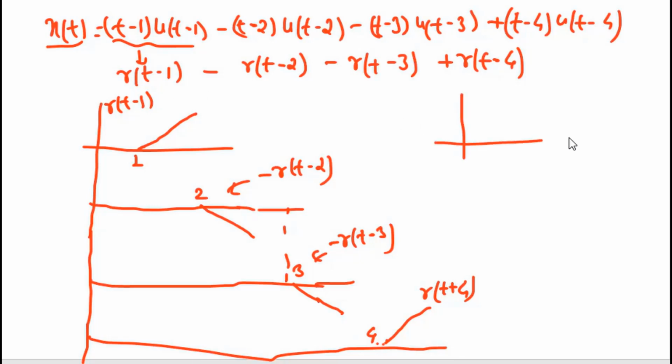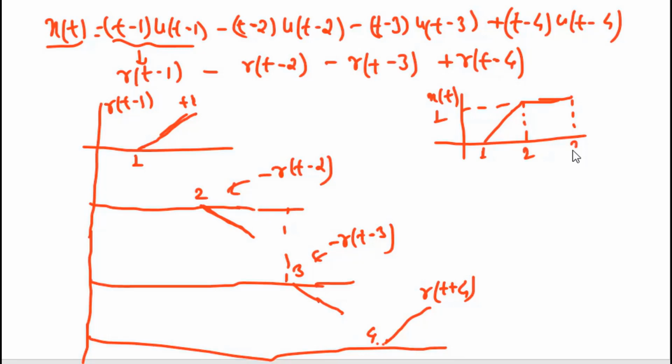So at 1 it has a positive slope, and till 2 it has a slope of 1. At 2 you can see this is a positive slope of plus 1 and this is a negative slope of minus 1. So when you add these two slopes, the slope becomes 0, from 2 to 3.